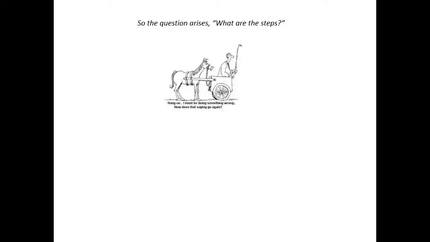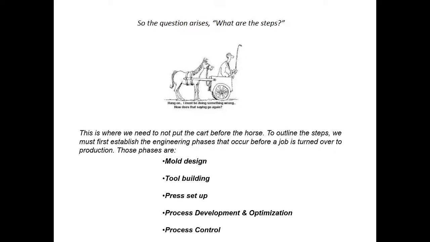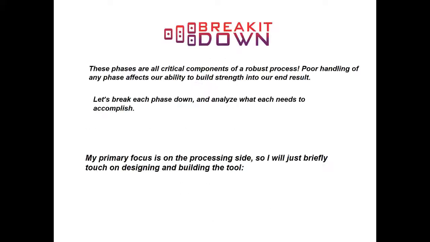So the next question would be, what are the steps? Well, this is where we need to not put the cart before the horse. We need to outline the steps, and we must first establish the engineering phases that occur before a job is actually turned over to production. Those phases are mold design, tool building, press setup, process development and optimization, and also very important, process control.